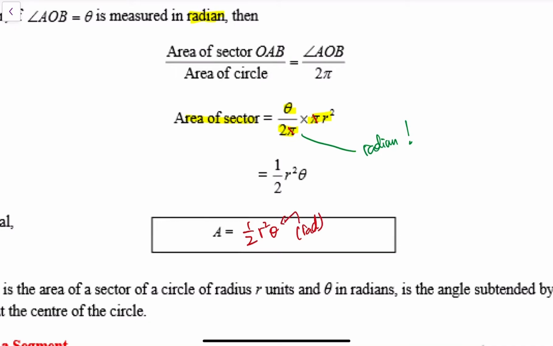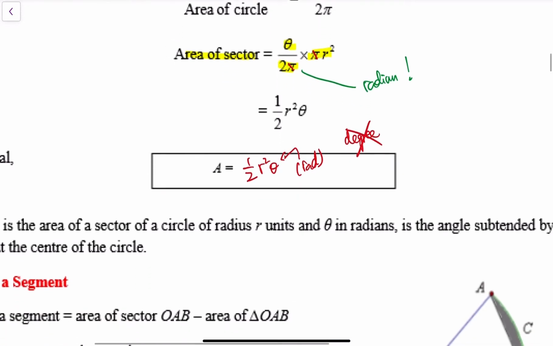This is a formula that you can memorize, but you only use it in radian mode. If you use degree mode, this is wrong. It must be in radian mode.